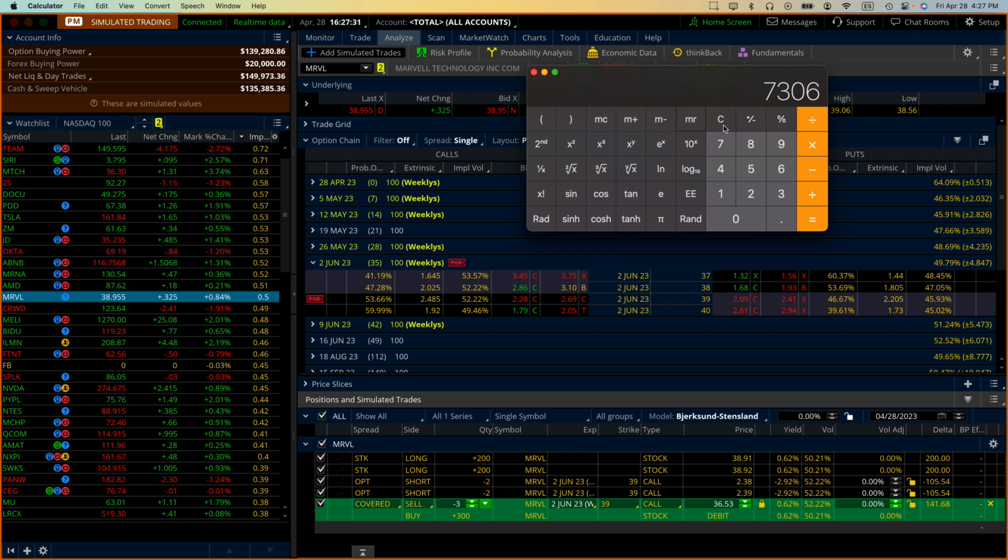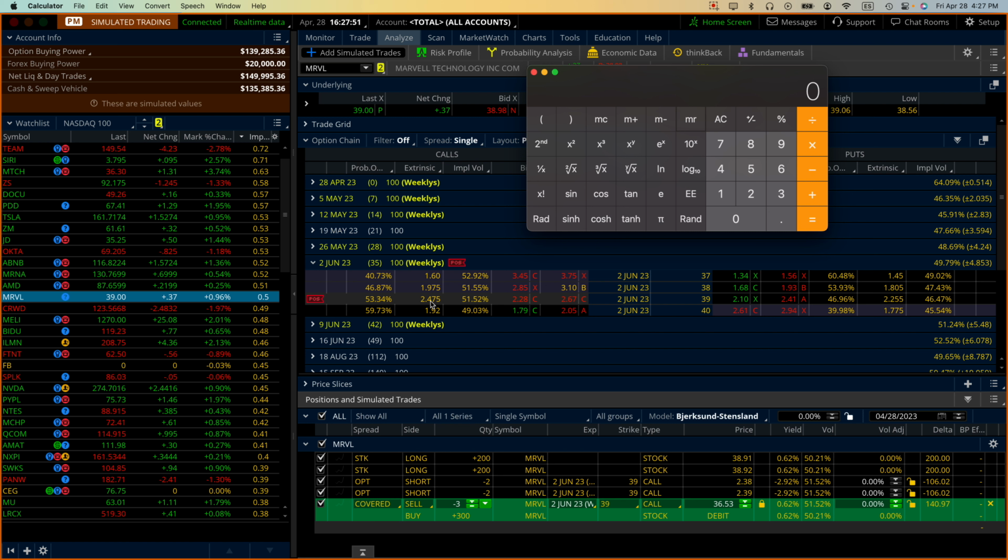Okay. Now, how much are we expecting to make out of this trade? Hopefully we will end up with that option being worthless, regardless of whether the stock goes up or down. This extrinsic value will be 0.